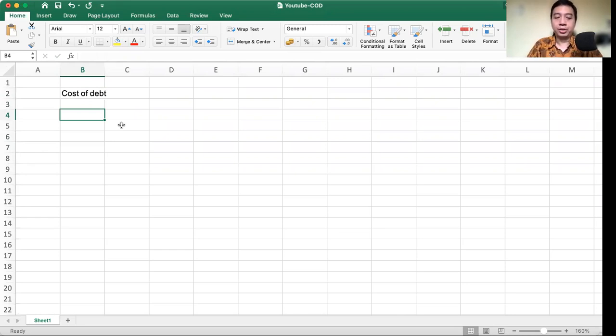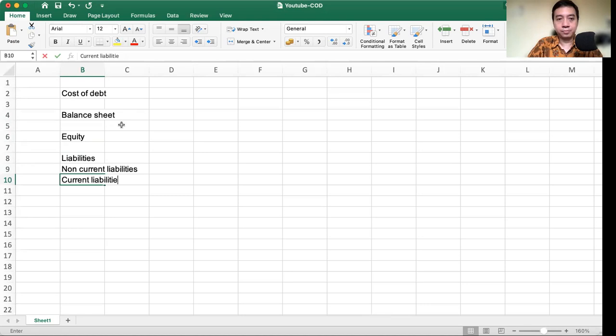Let me remind you one thing: when we take a look at our balance sheet, we are going to look at the number of equity and also the number of liability. And from this liability, we can categorize the term liability into two terms. The first is non-current liabilities, and the second one is current liabilities.